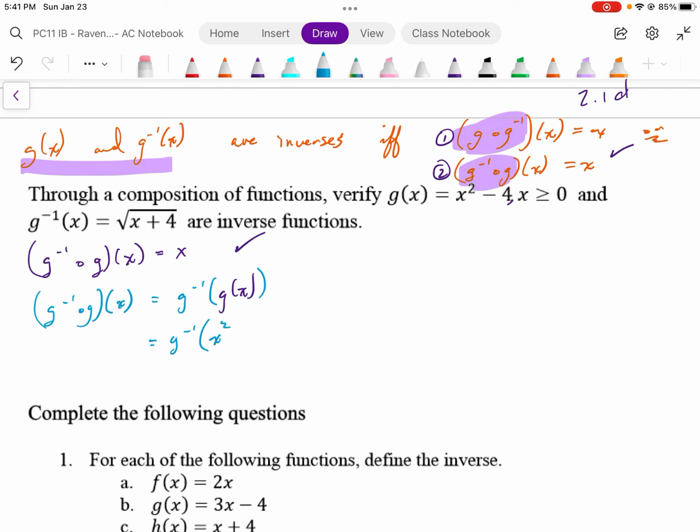g of x is defined by x squared minus 4. Now, that is my input that I must put into the g inverse. So I'm running out of space, so I'm just going to write g inverse of x squared minus 4. And the g inverse is the set of instructions that tell me that I need to take the square root of my input and then add 4.